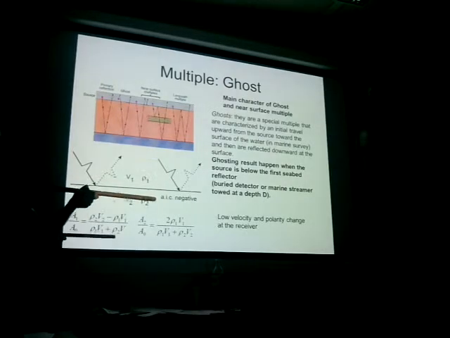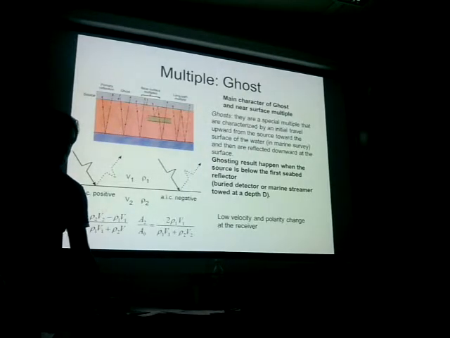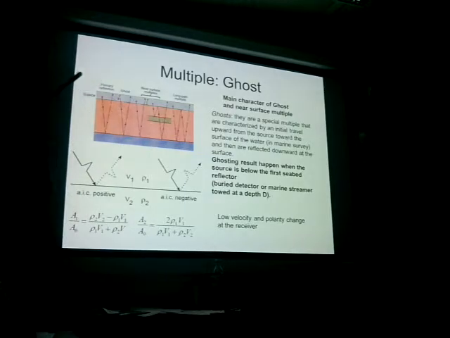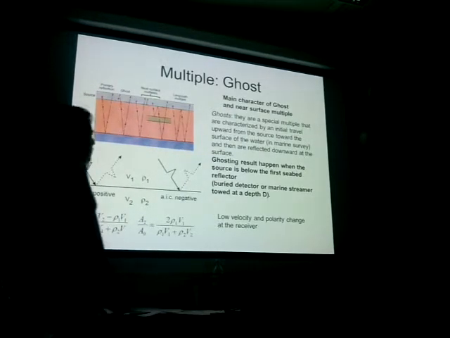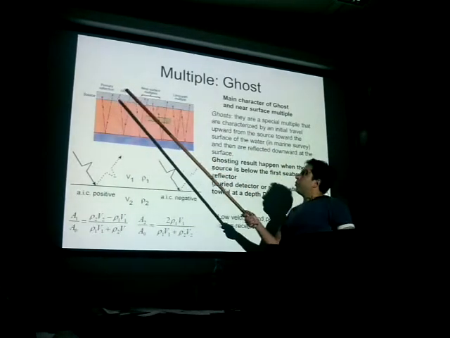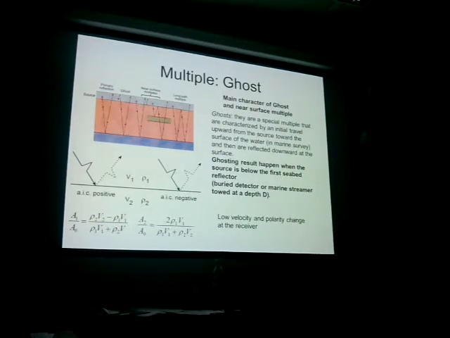So the apex of the hyperbola of your multiple is positioned quite deep in time, and you necessarily misposition the real reflection, which was happening almost at the near surface. That's the problem with multiples. Sometimes those reflections that change polarity and are reflected on top are called ghosts.